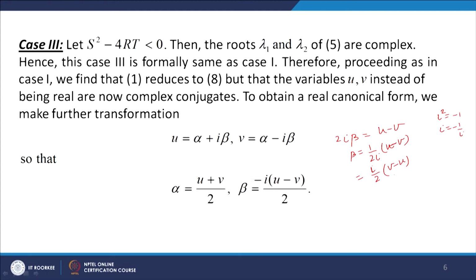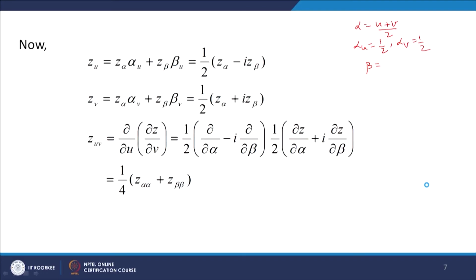And therefore, beta U will be equal to minus i by 2. So we get here beta is equal to i times (V minus U) by 2.